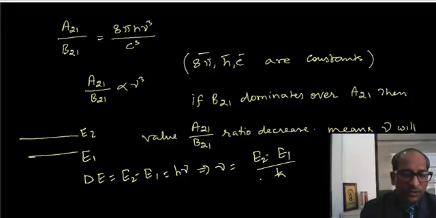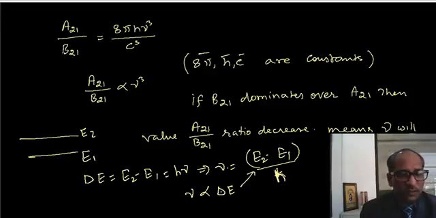Here h is constant, so this nu directly depends on delta E. So you can say nu is directly proportional to delta E, where delta E means E2 minus E1.